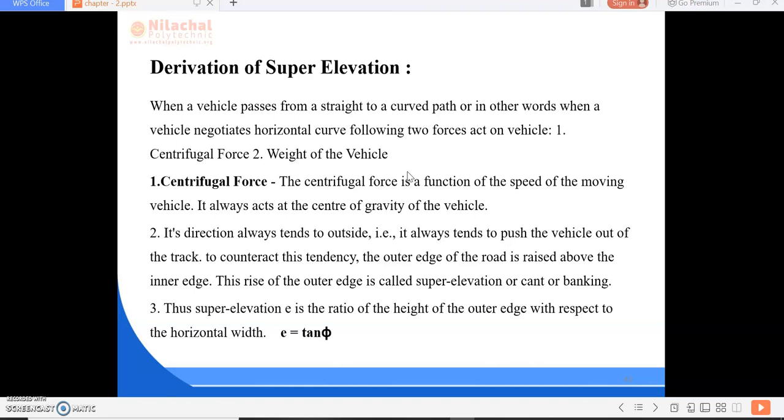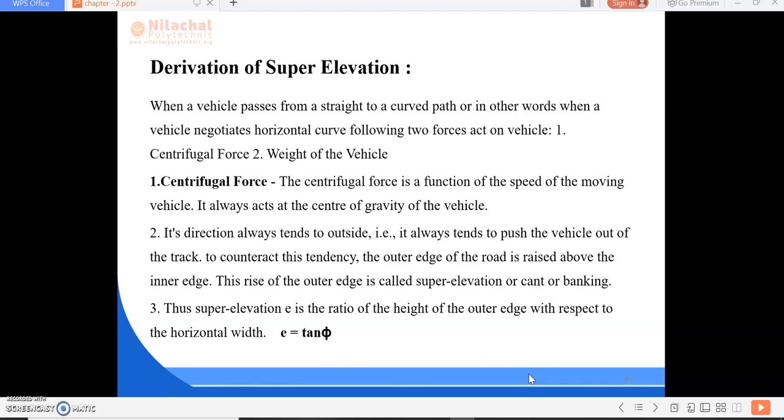The centrifugal force is a function of the speed of the moving vehicle. It always acts at the center of gravity of the vehicle, and its direction always tends outward. That is, it always tends to push the vehicle out of the track.